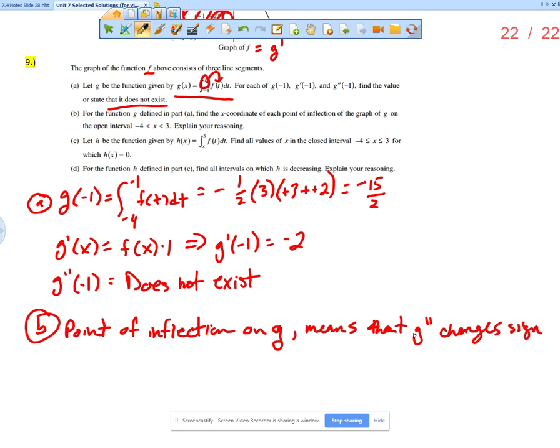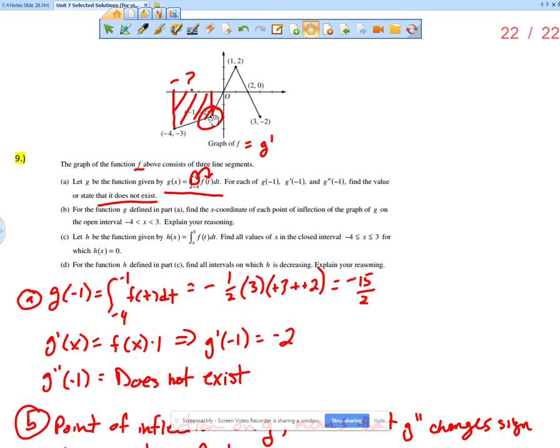Now, g double prime is the slope of g prime. So what we're saying is the slope of this graph changes sign. Where does the slope of this graph change sign? Positive slope, negative slope.